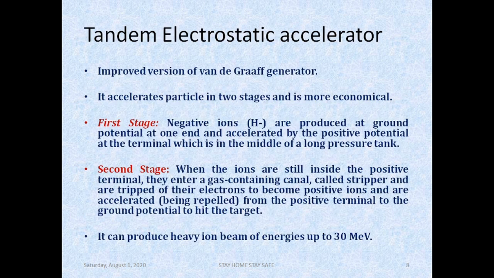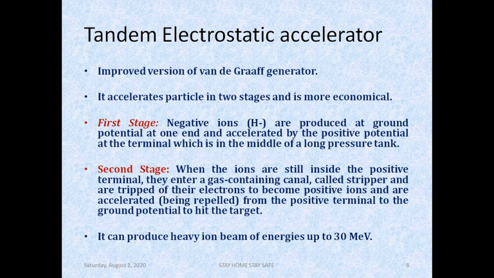Then next is the tandem electrostatic accelerator. It was simply the improved version of the Van de Graaff generator. It accelerates particles in two stages and is more economical. First stage, negative ions are produced at ground potential at one end and accelerated by the positive potential at the terminal, which is in the middle of a long pressure tank.